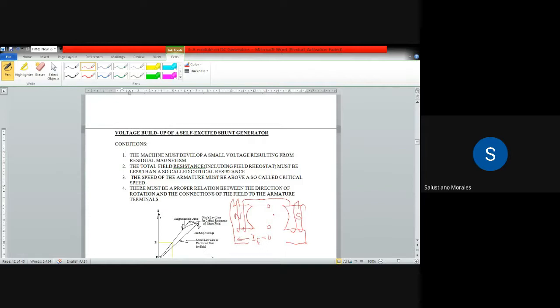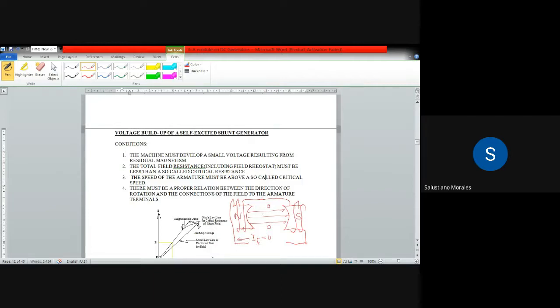And if there is a small amount of magnetic force due to residual magnetism, that small amount of flux that is cut by the armature winding will produce a small amount of voltage. It is called the residual voltage. So that residual voltage is due to residual magnetism.